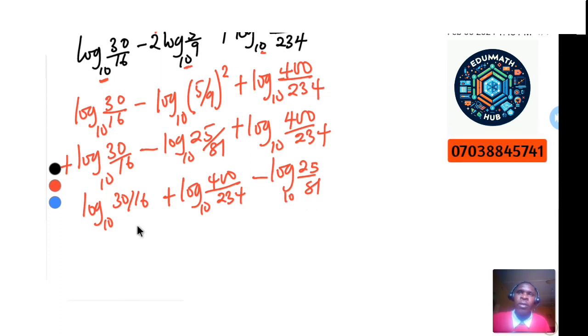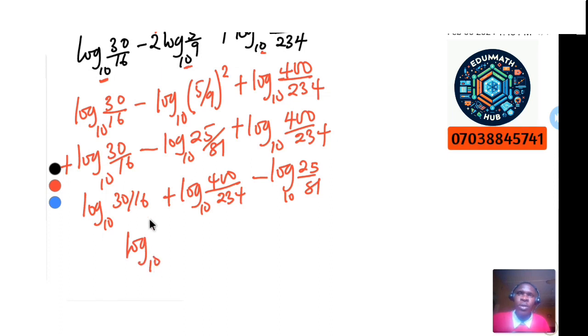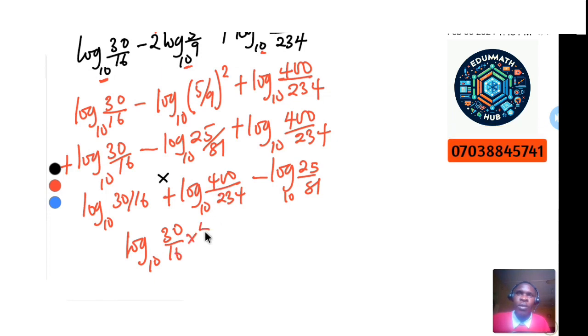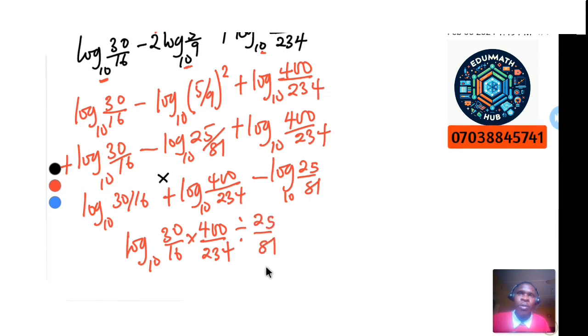So plus is times, and everything is based on the same logarithm, 10, 10, 10. So you pick a single log to base 10, then these two will multiply together because there is times in the middle. You have 30 over 16 times 400 over 234, then you're dividing by 25 over 81. Everything will be in brackets.